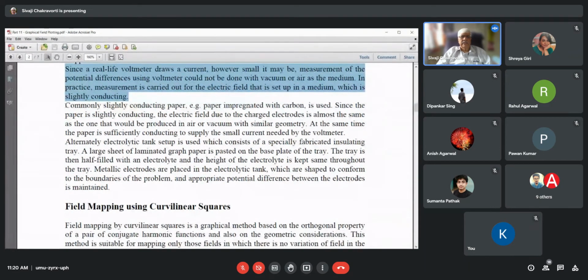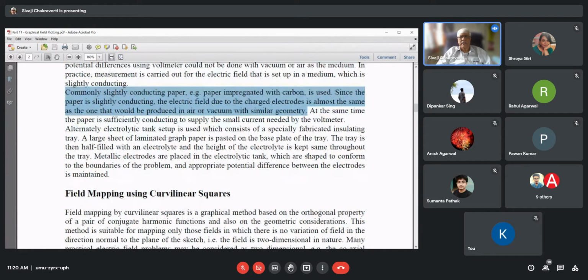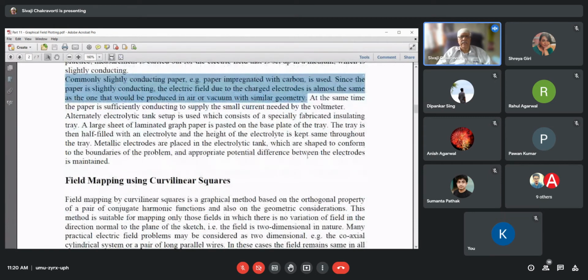How do I get this conducting paper? Well, typically it is paper impregnated with carbon. This is slightly conducting and it gives reasonably good results. There is an alternative where an electrolytic tank setup is used.